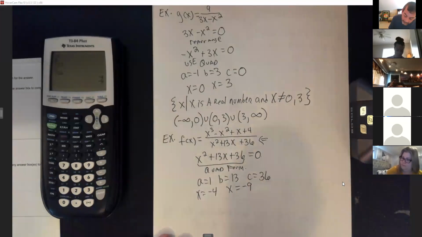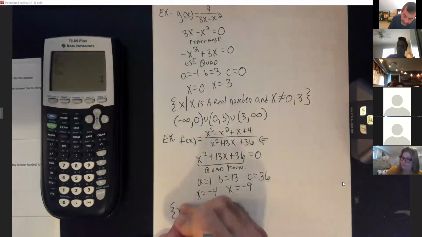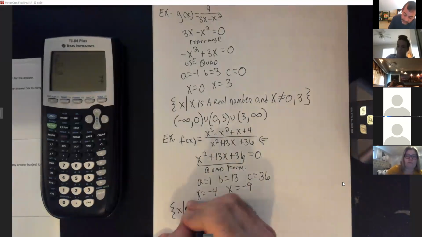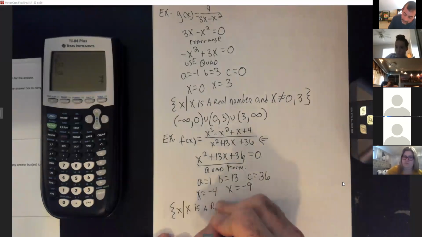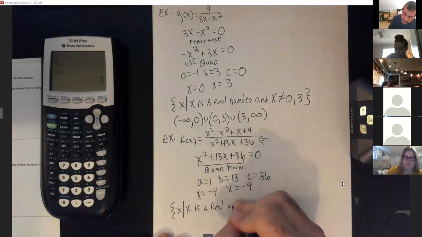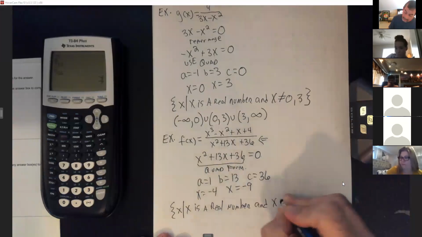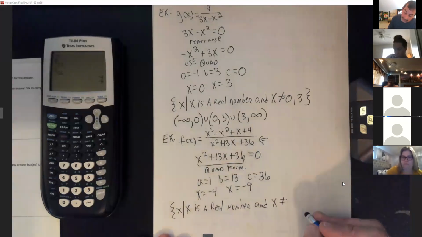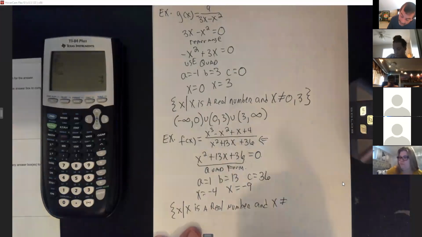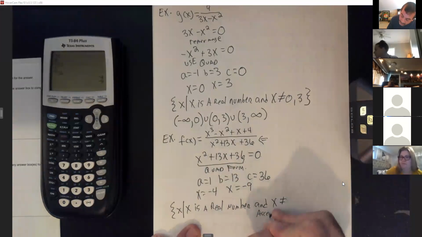Now y'all watch out on this one. It's got x such that x is a real number, and x is not equal to blank, blank. Here's the trick on this one. They wanted these answers in ascending order.